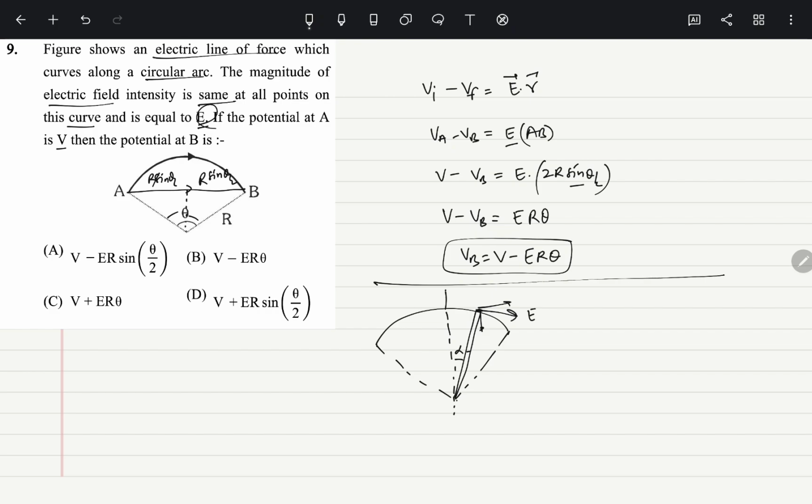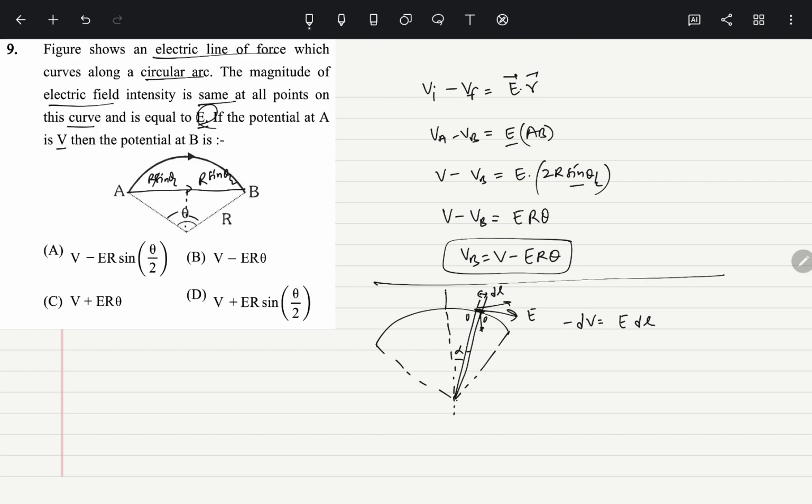Now the electric field is in the tangential direction, so if we write the potential difference across this element, minus dV is equal to E into dl, where dl is the length of the arc, moving from this point to this point in the direction of electric field.